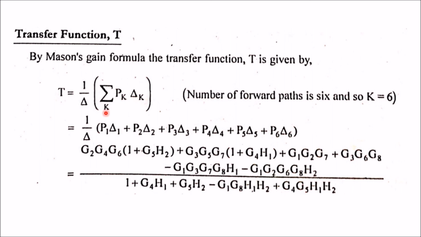In my case k is equal to 6, so this can be expanded like p1 del 1 plus p2 del 2 plus p3 del 3 plus p4 del 4 plus p5 del 5 plus p6 del 6, and this total will be multiplied with 1 by delta, which is represented here, and if you solve this, you will get this result.